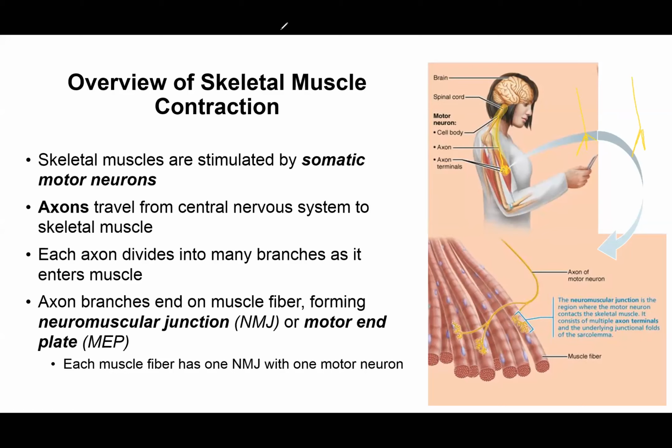You can't really see it very well over there. So it sort of did that kind of thing right there at the end. And each of these little things are called the end branches at the axon terminals. So these are little axon terminals that are located on the end branches of the axon of a neuron.